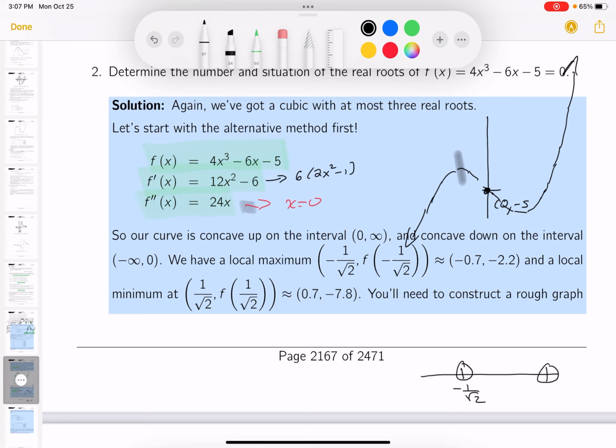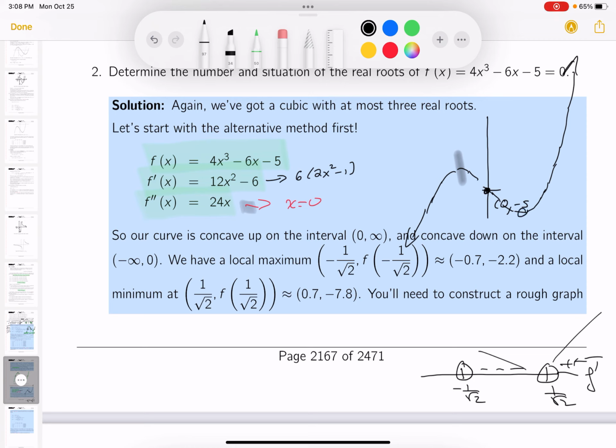Now, you do simple sign analysis on that first derivative. At 0, it's negative, going down. After 1 over root 2, if you choose, like, 100, it's positive.